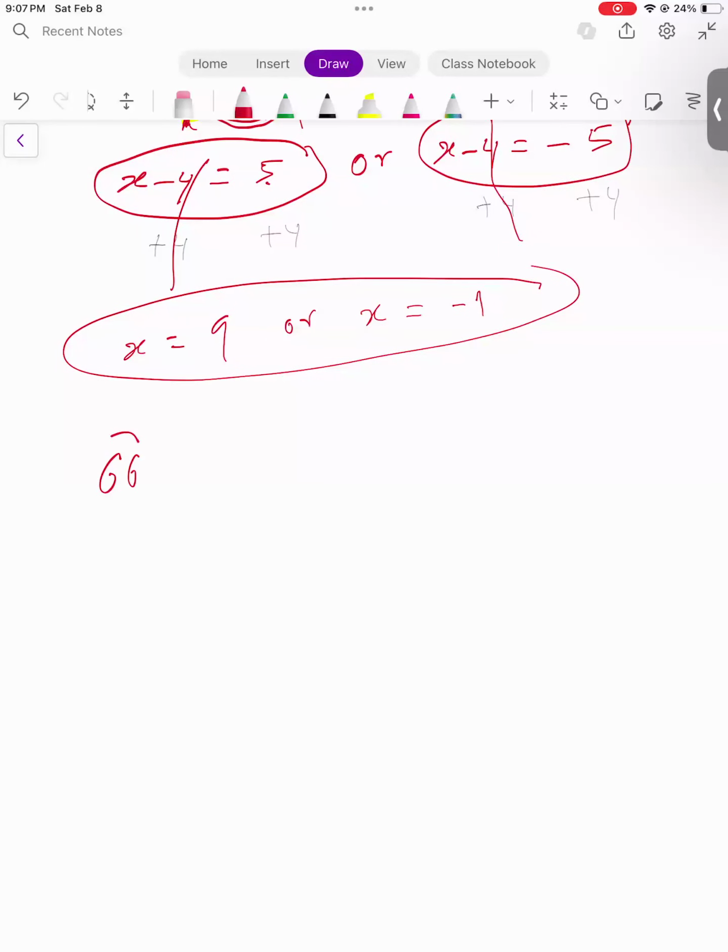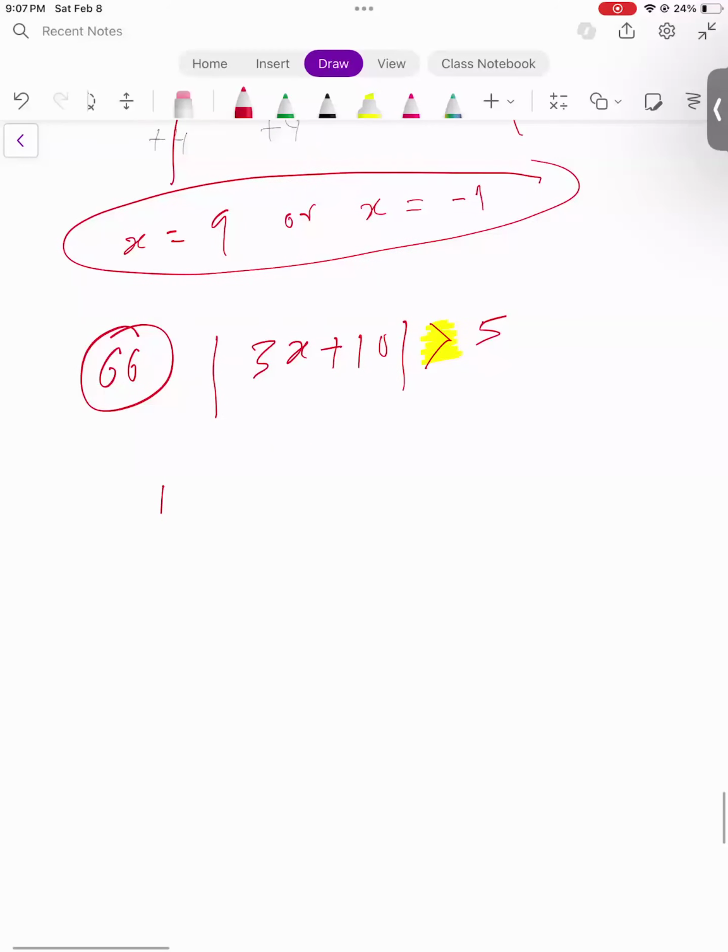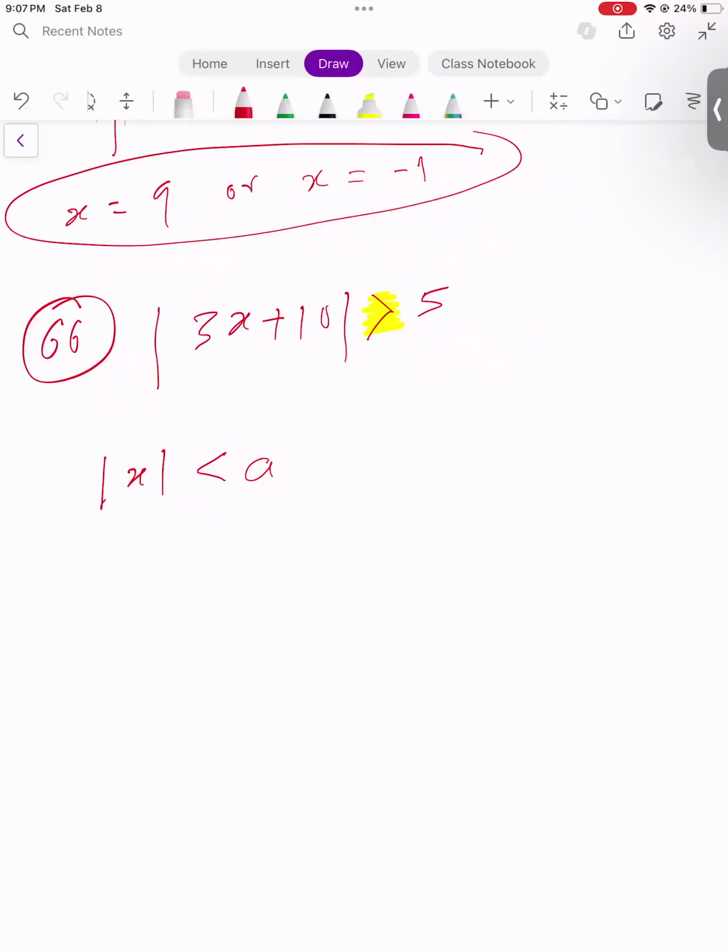Okay, so number 66, absolute value of 3x plus 10 greater than 5. Now this is not an equation, this is an inequality. So this is an absolute value inequality, and there are two cases. If your inequality has a less than sign, you can rewrite this inequality without using the absolute value sign.